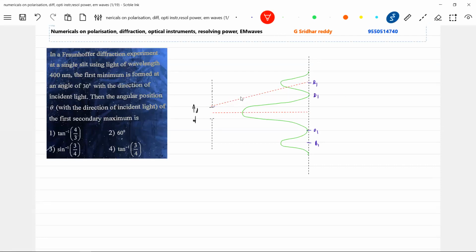Oh, the lines I didn't draw properly. I'll take this blue color line. I think now I am correct. So what is theta? He has given some 30 degrees. He's asking for theta.